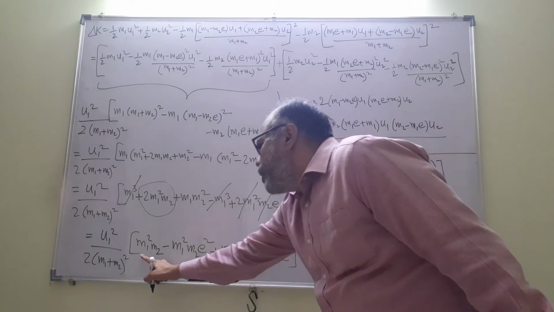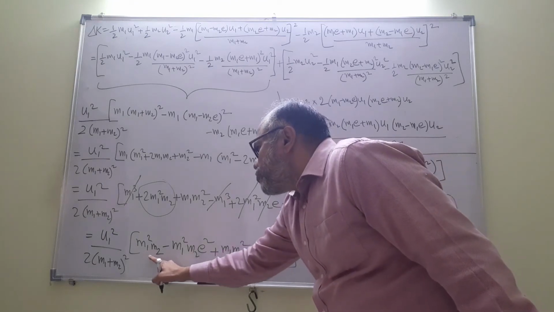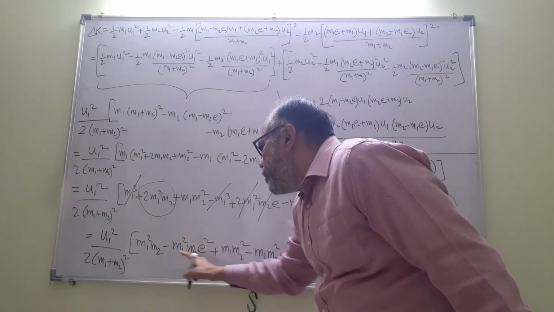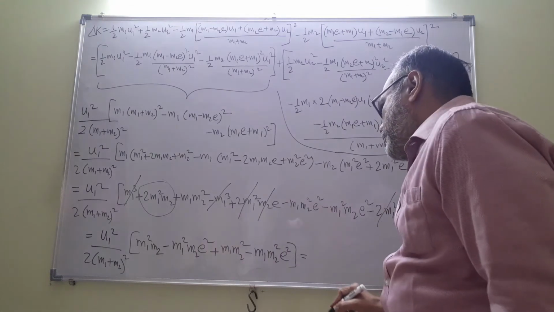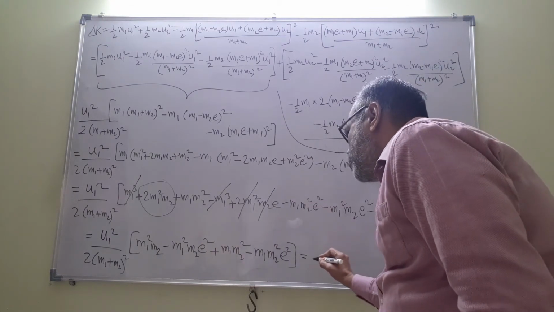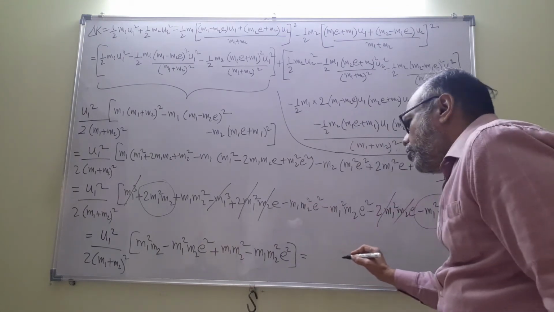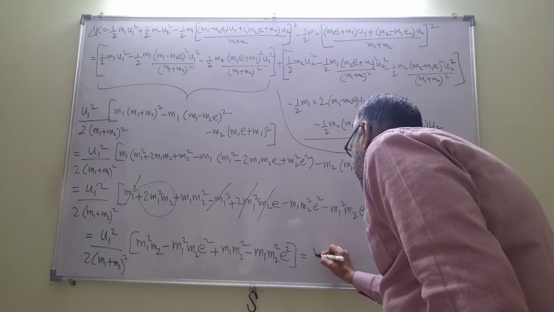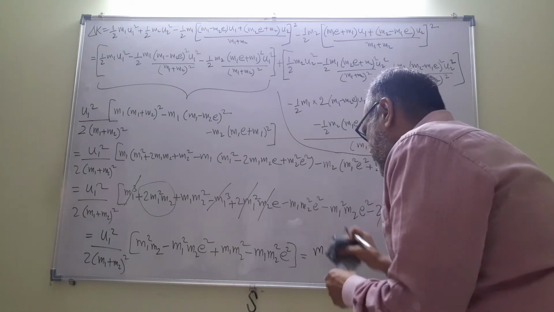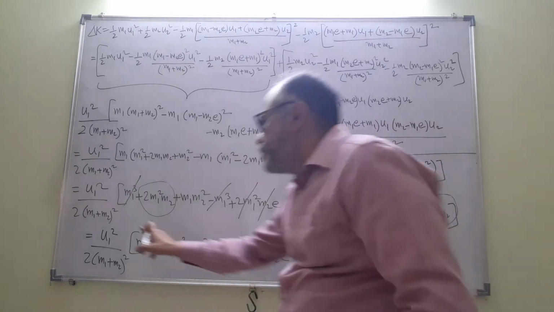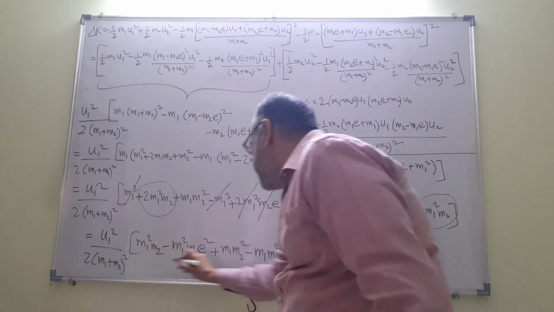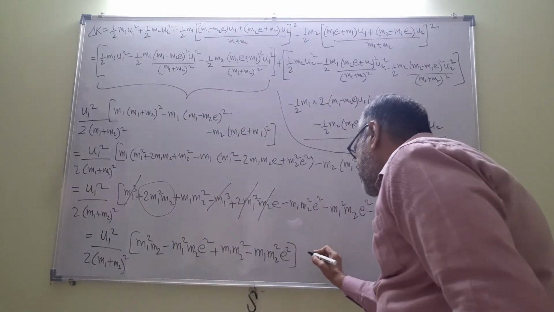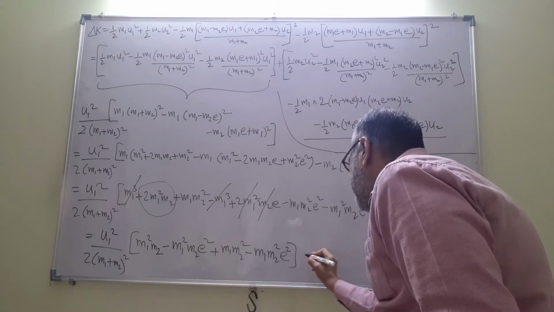here you have m1 squared m2 as common. So let's take that as common. I am not writing this expression, I am writing only this now. Will there be space for it? Yes, there should be.